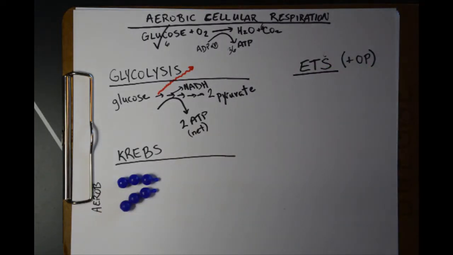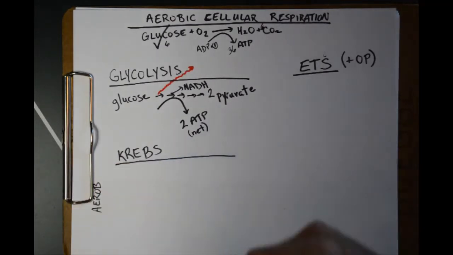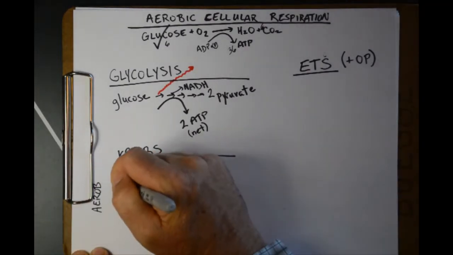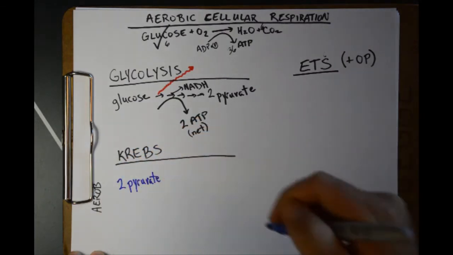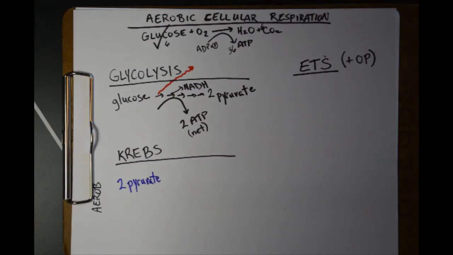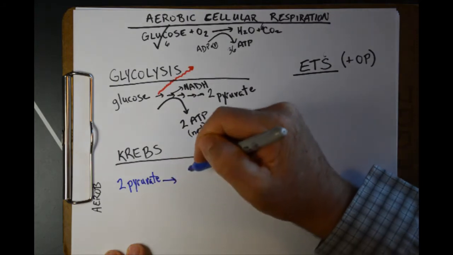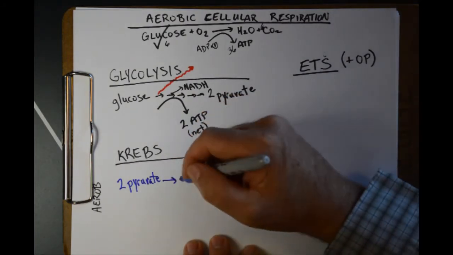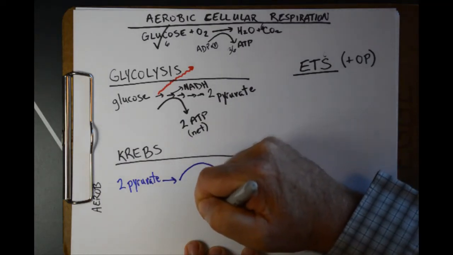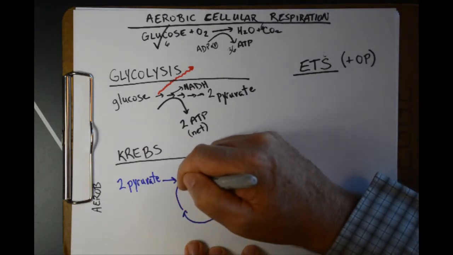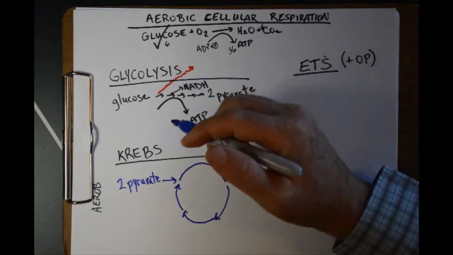So I'm going to switch colors so I can color code this a little bit and go on to the Krebs cycle. So I start that one with those same 2 pyruvate molecules, and I'm going to go through that step of acetyl-CoA conversion, and then we're going to go into this whole series of reactions that start and end with the same molecule.